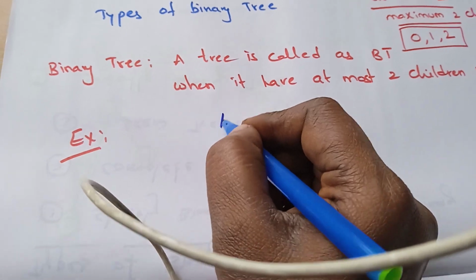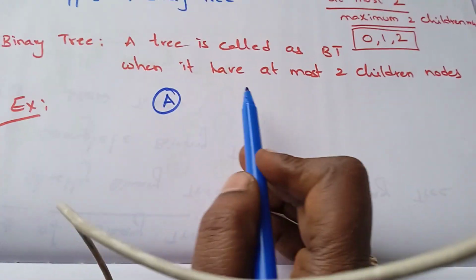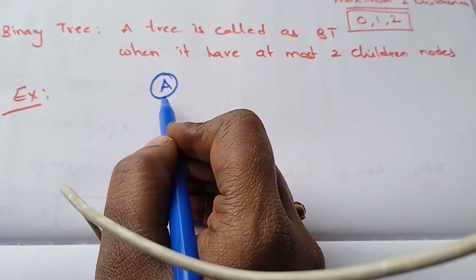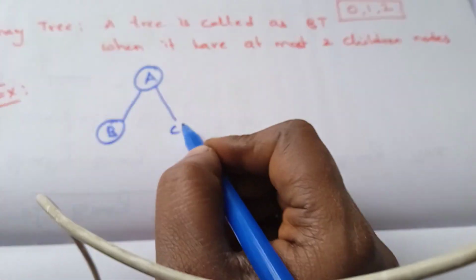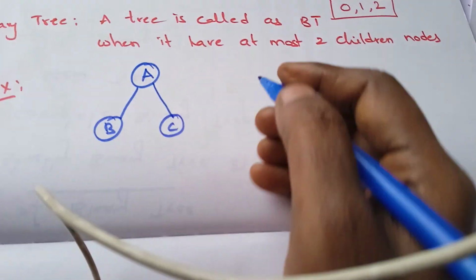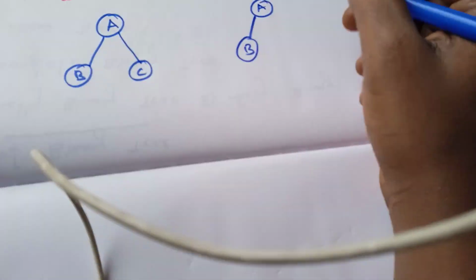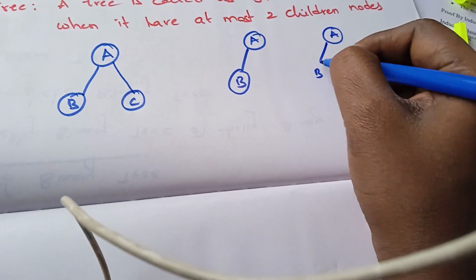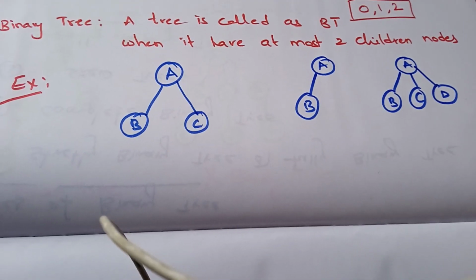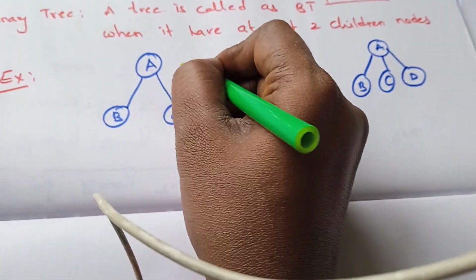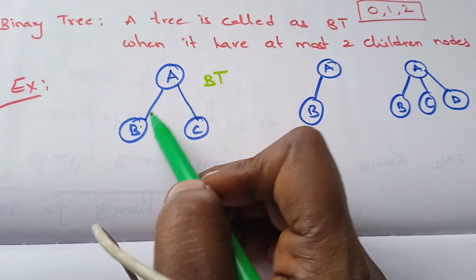Now see, I have a tree. I told you that a tree is called a binary tree when it has at most two children. So A is a parent node and a root node which has two children nodes, B and C. This is called a binary tree because A, my root node, has two children nodes.